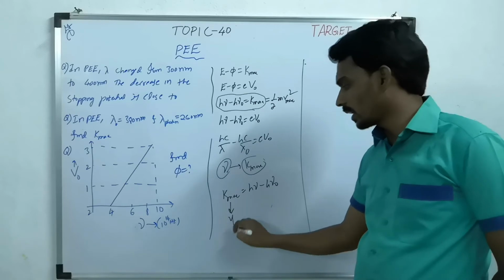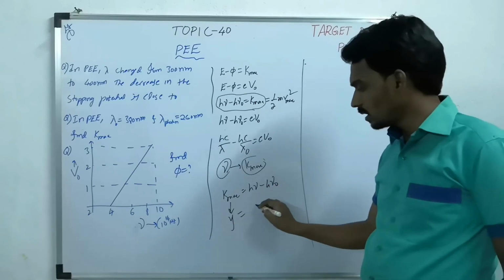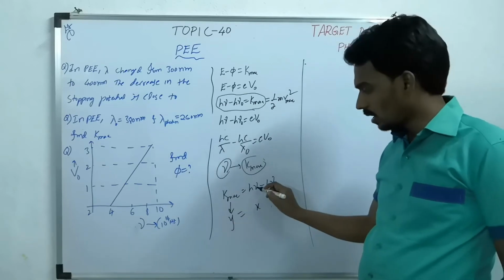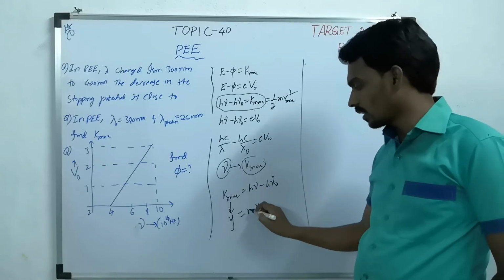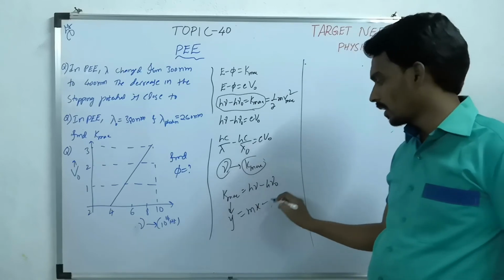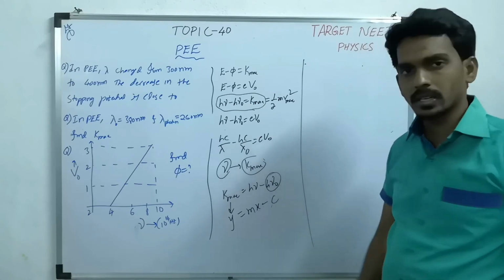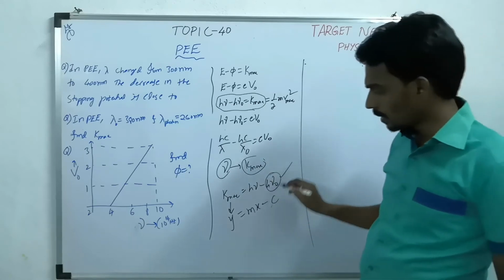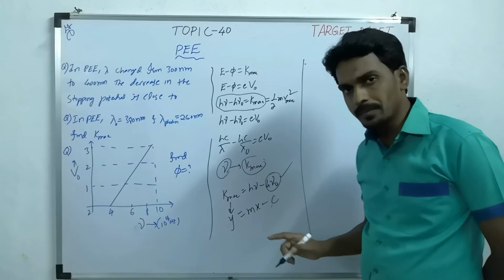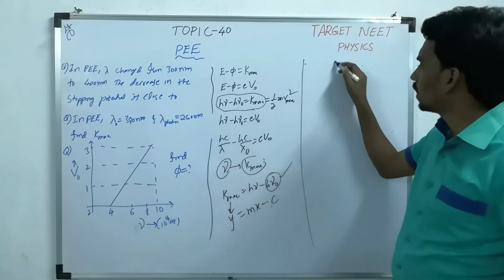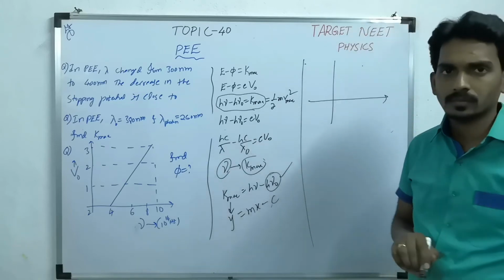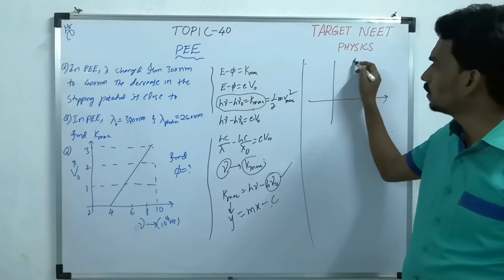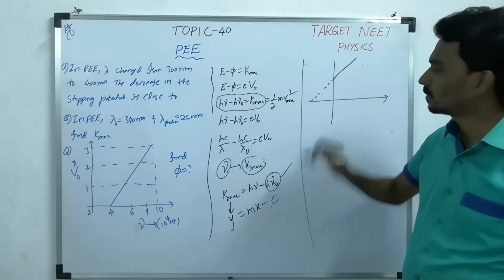K max you take on the y axis, frequency on the x axis. So the x coefficient is a constant, that is the slope, and this whole thing with the minus sign is a constant, that is the intercept. If you compare with the general form, it is in which form? mx minus c. So what kind of graph should come? Positive slope and negative intercept, like this.